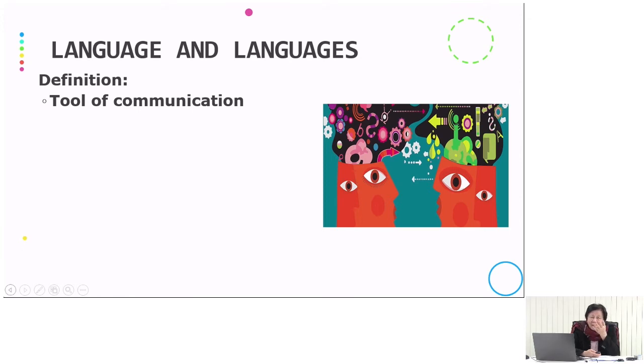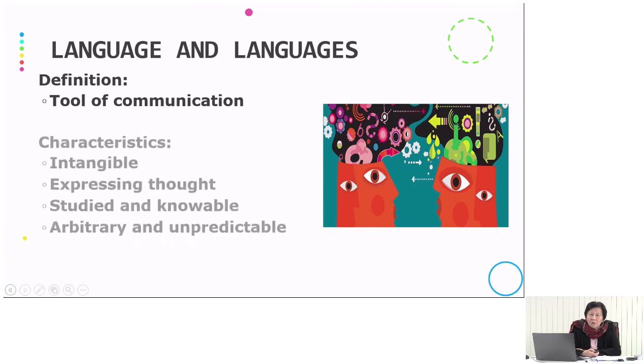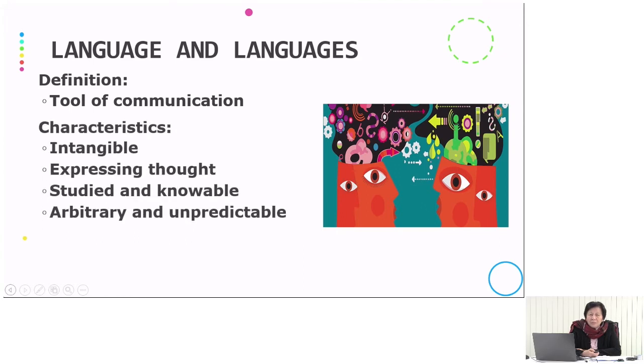Sometimes they do understand, sometimes a little bit, sometimes a lot. It depends on the way the language is used. Okay? So, in brief, we say that language is a tool of communication, because without language, you cannot communicate. See? So, what are the characteristics of a language then?